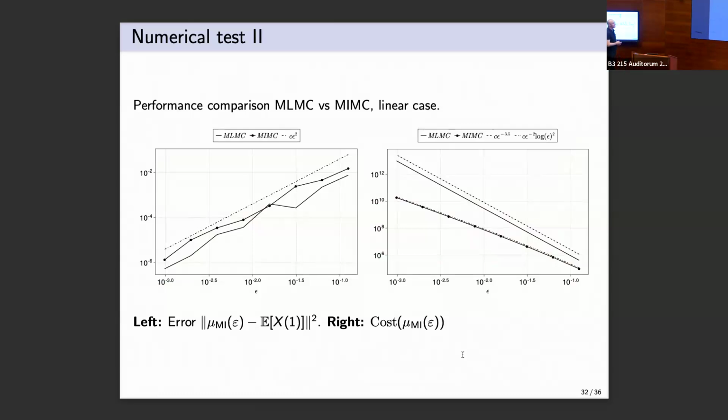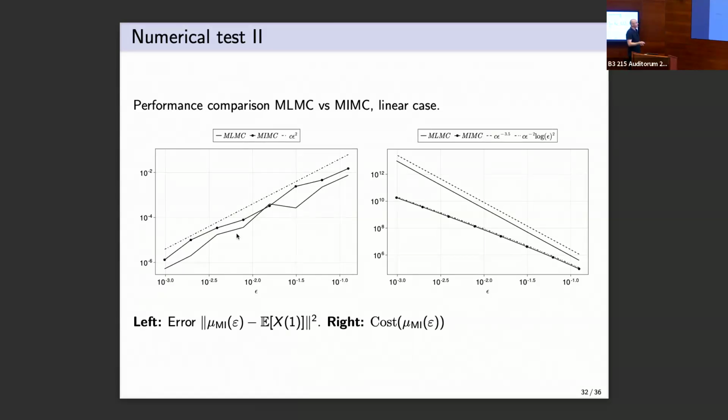Here is a performance comparison of multilevel Monte Carlo and multi-index Monte Carlo. On the left, we see that they both lie under some epsilon squared tolerance. Epsilon is in some sense an input parameter here, and I choose all my resolution parameters, the M_l's and my capital L's and these things, according to my input parameter epsilon.